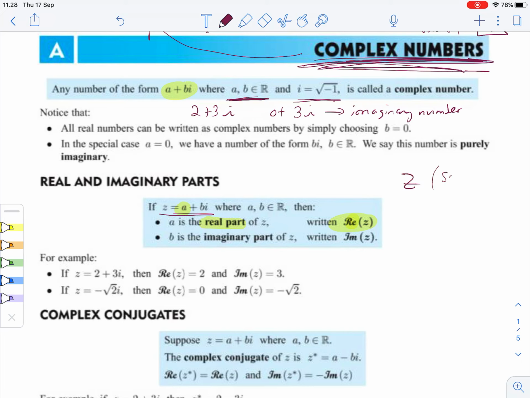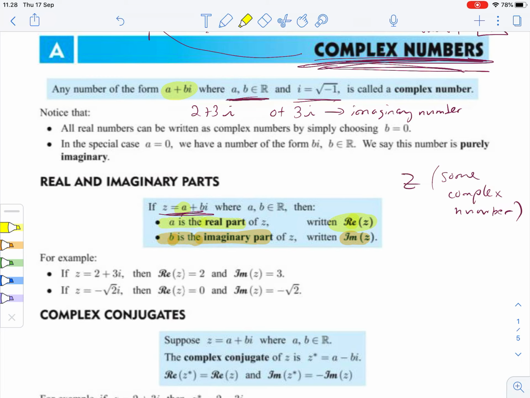We often use a and b there to represent the two parts. The second part is the imaginary part, expressed as Im of z, and that's b. And notice the real part is a.